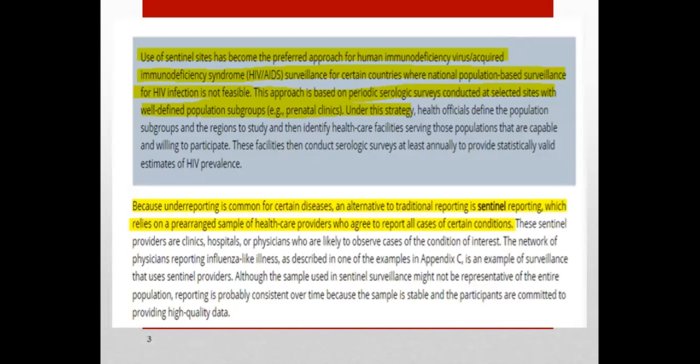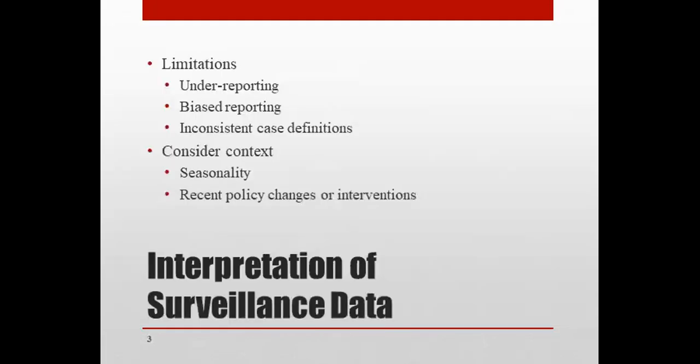This approach is based on periodic serological surveys conducted at selected sites with well-defined population groups. Because underreporting is common for this type of disease, an alternative technique recommended by CDC and WHO is to use sentinel sites, or sentinel surveillance.